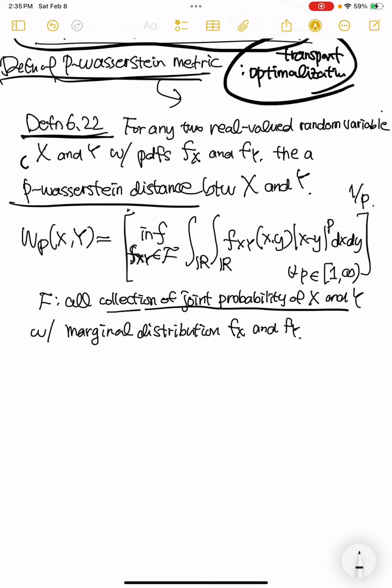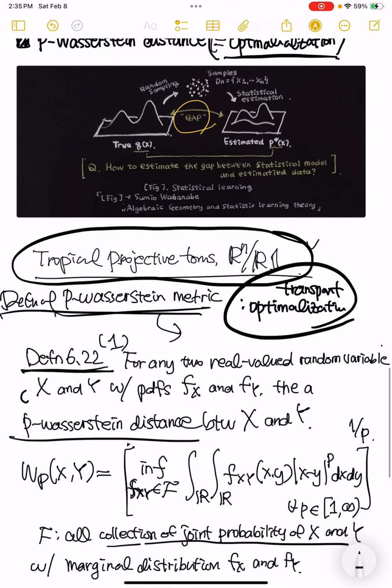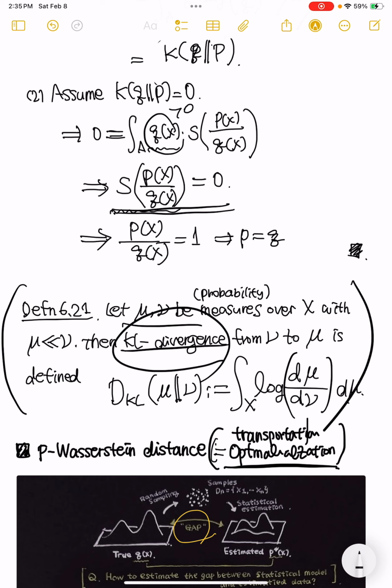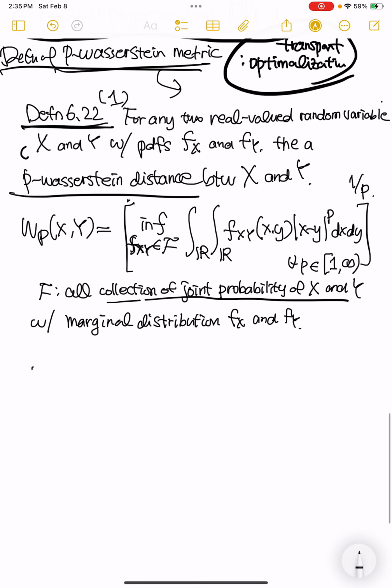More abstractly, in the case of the Kullback divergence, we can define a generalization by introducing a probability measure. Likewise, with a probability measure, we can define the p-Wasserstein metric.